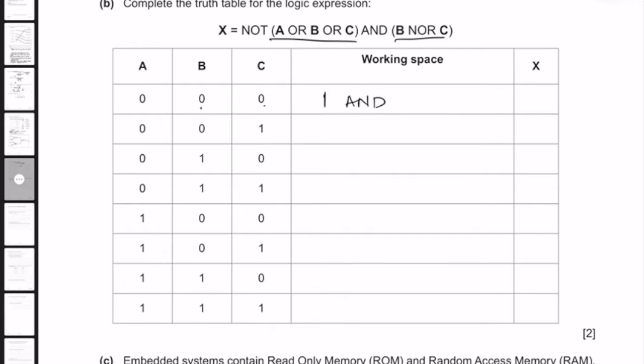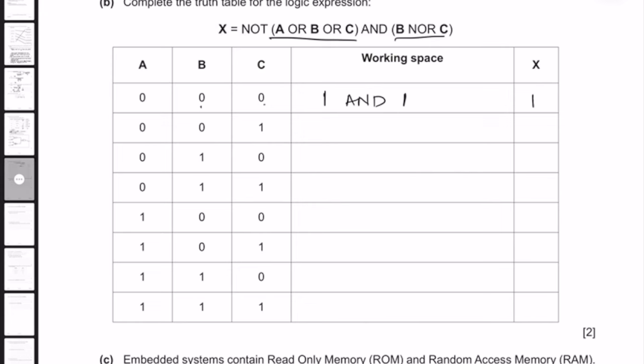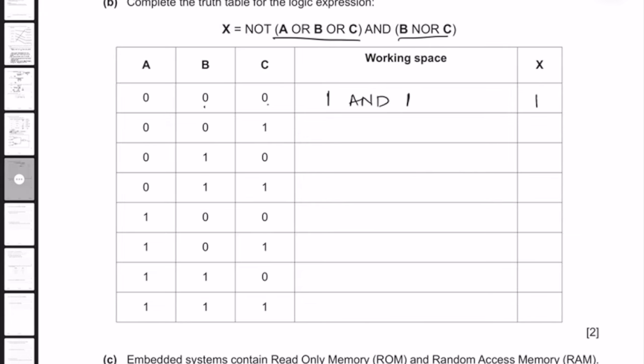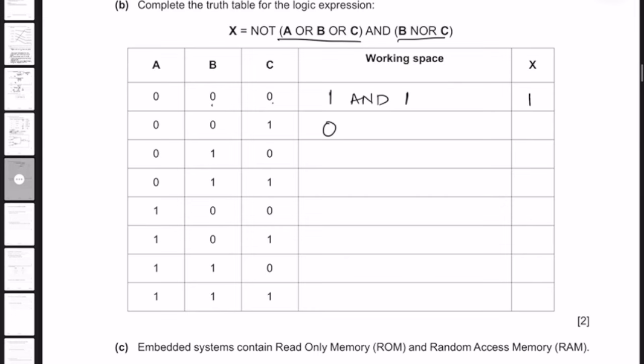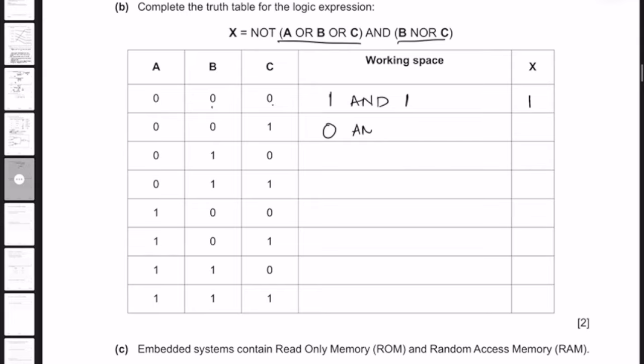Yep. So B NOR C is also true for this one, which means 1 and 1 through the AND gate in the middle, which means X is also true. A or B or C here is true, and we want NOT of true, so that becomes false. And B NOR C, that is also false. So that becomes a 0 here.